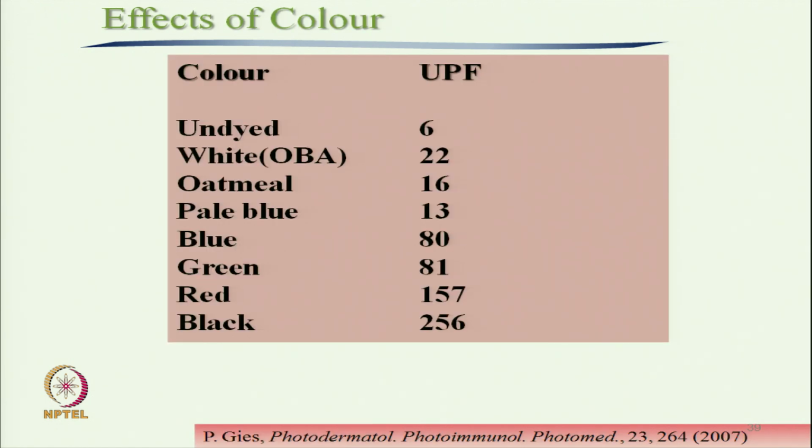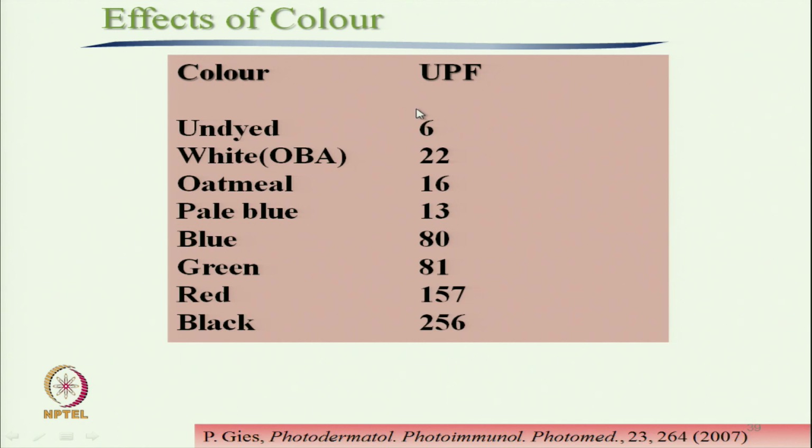So, effect of colors, we can see here, the darker the color, the higher is UPF. For black color, UPF is as high as 256. The same fabric undyed has a UPF of 6.